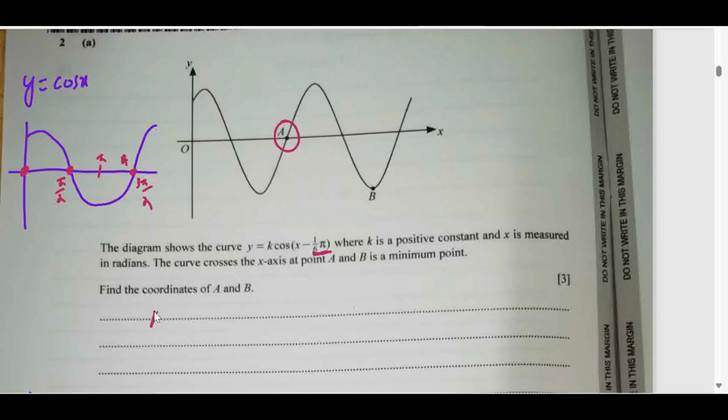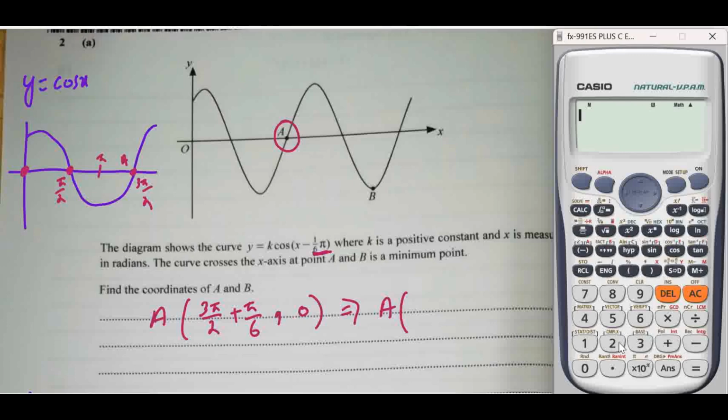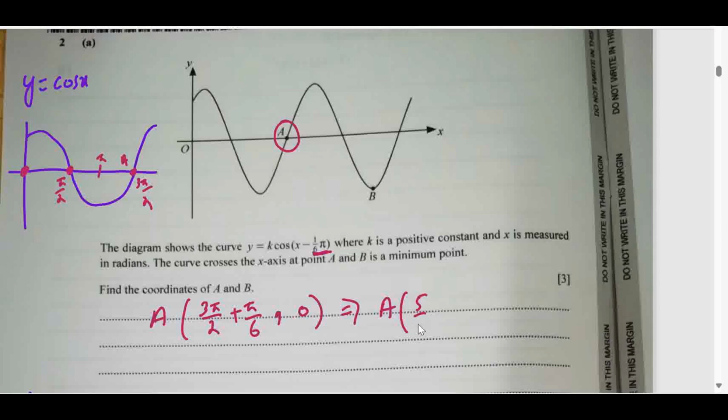So what will be the coordinates of A? The x coordinate was originally 3 pi by 2, and you have shifted by pi by 6, and the y coordinate will be 0. So the coordinates of A will be 3 pi by 2 plus pi by 6, which equals 5 by 3 pi. So 5 by 3 pi and 0.